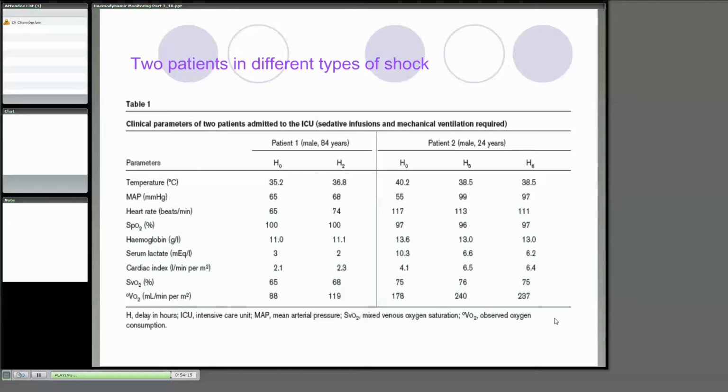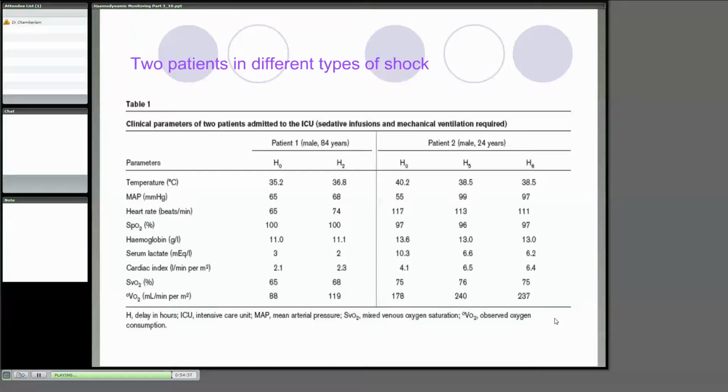So let's have a look at this elderly gentleman. He presents with, I'm not going to worry about what type of shock it is. I'm going to ask you about perfusion and oxygen delivery, because really that's what we're looking at.